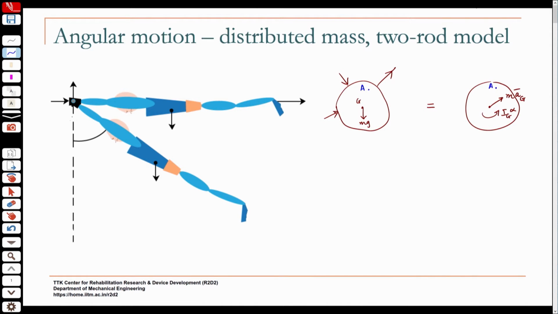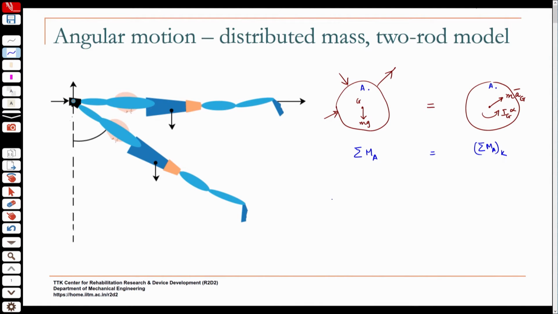you can use the kinetic diagram to say that sigma M_A in this equals sigma M_A in the kinetic diagram. Okay.